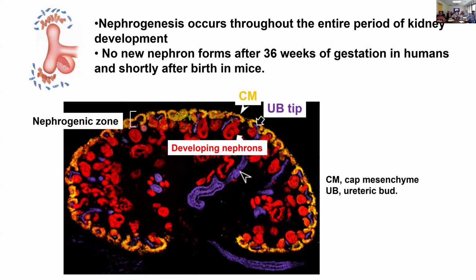Here the cap mesenchyme is marked in yellow, and this region with cap mesenchyme, the UB tips, and a third structure, the interstitium, is called the nephrogenic zone. And then down here, you will see all the developing nephrons. I think this is about an E15 mouse kidney.